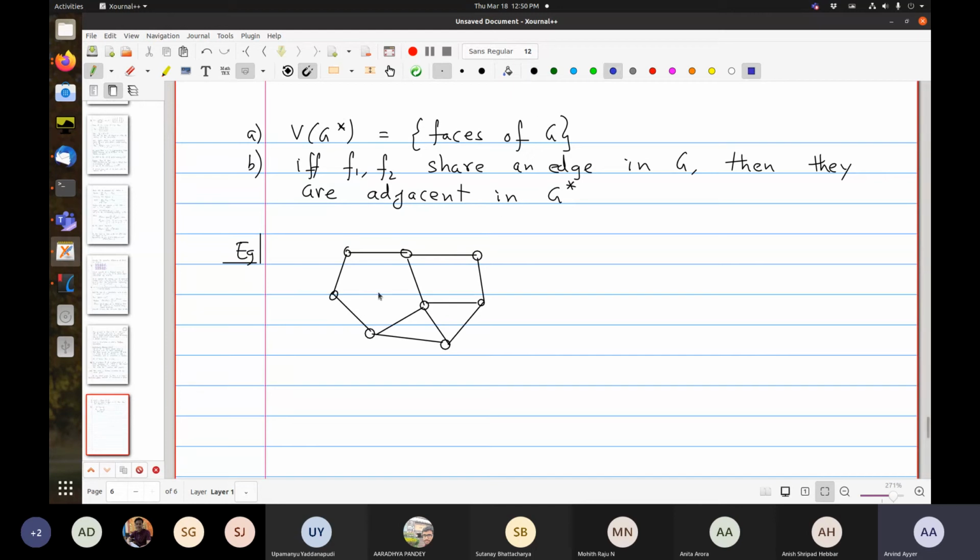Then you have each face here, and these two are adjacent, so you draw them like so. These two are too. You should also include the outer face. So you have the outer face.